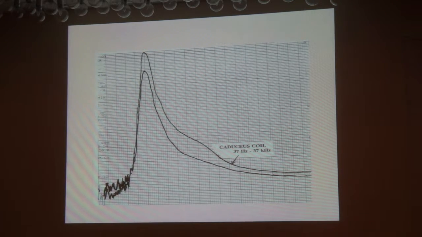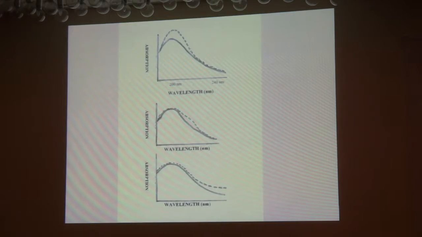Here's an example of a non-classical electromagnetic field, and since in those days I wasn't sure what frequency to use, I scanned a wide range of frequencies, and you can see that there's a large effect at the peak, a shoulder effect around 210 nanometers, and then another effect around 230, showing an increase in the absorption.